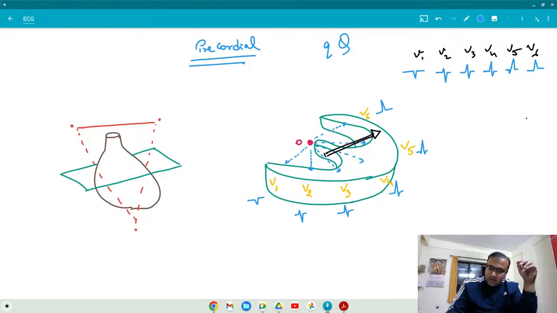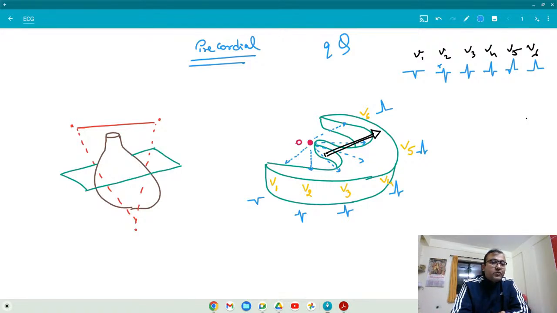Like here, I can say this is the first positive deflection, and the first positive deflection is the R wave. That means I can say this one is small r, and the second negative deflection is not Q. The first negative deflection was Q.